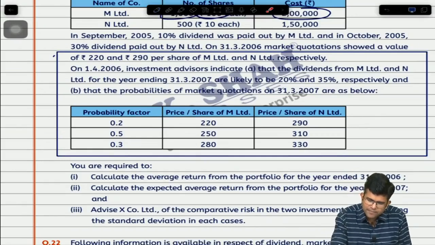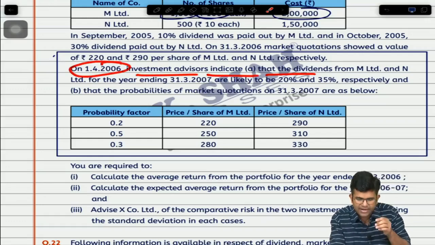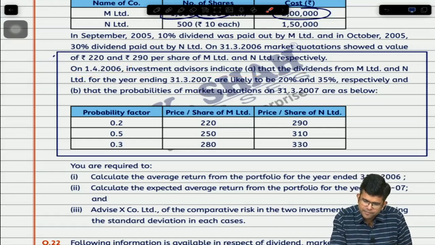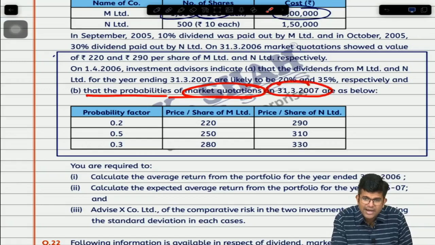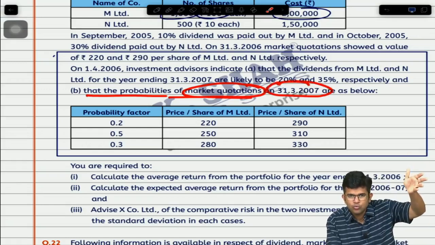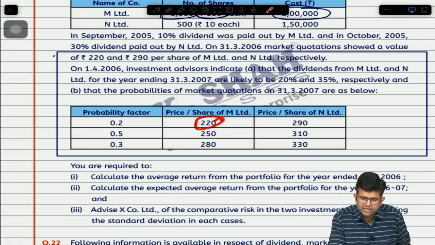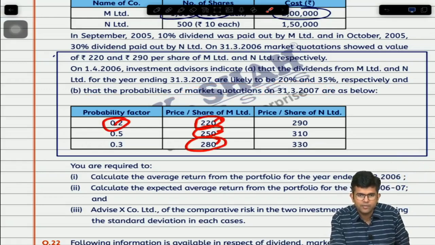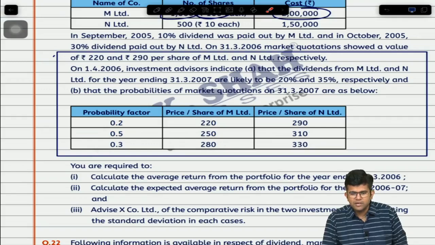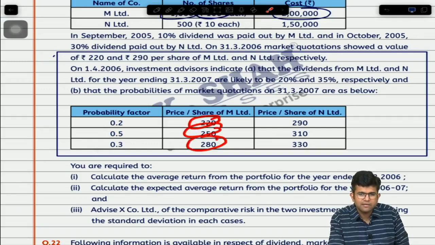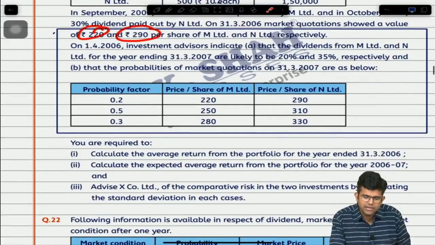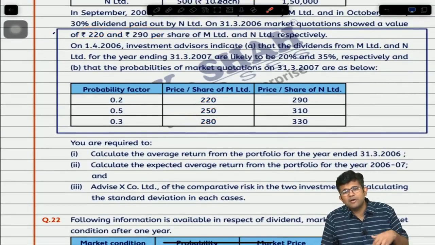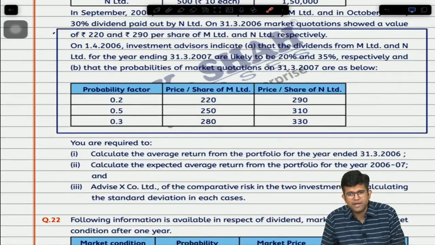They are saying that the advisors on 1/4/2006 indicate that the probabilities of market prices at the end of year 2 could either be this or this. I hope you are able to understand with these probabilities. My question to you is, why like this 3 numbers they are giving? Last time nicely one number only they gave. Why now 3 numbers they are giving for each share? Because can I say now it is not reality, it is probability. Everybody, are you able to understand?